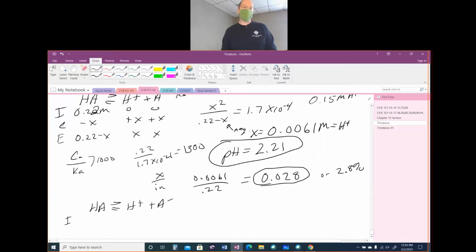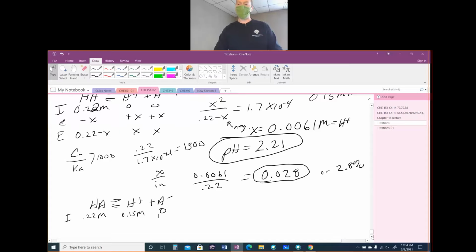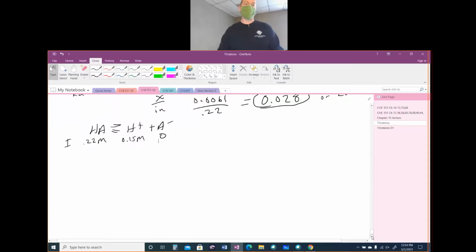We still have the 0.22 molar, but this time we added 0.15 molar of HCl. Here we don't have to check to see if we can go with x1 as our answer. We know that we have an initial concentration of both a reactant and a product. We never have to check our x value. And we can't have a 0, so we know it has to go to the right.